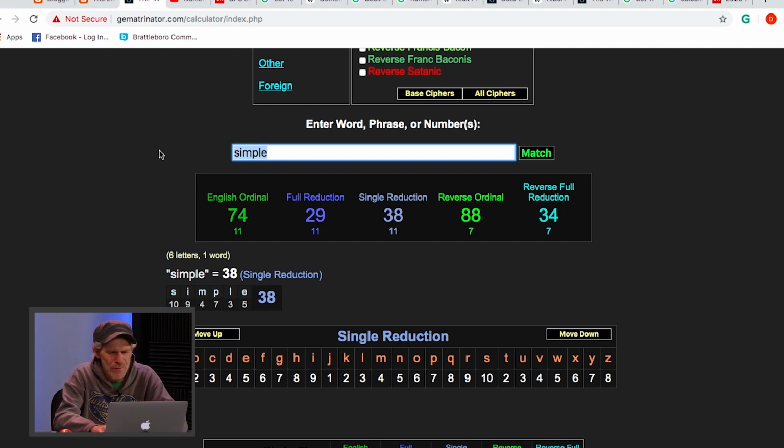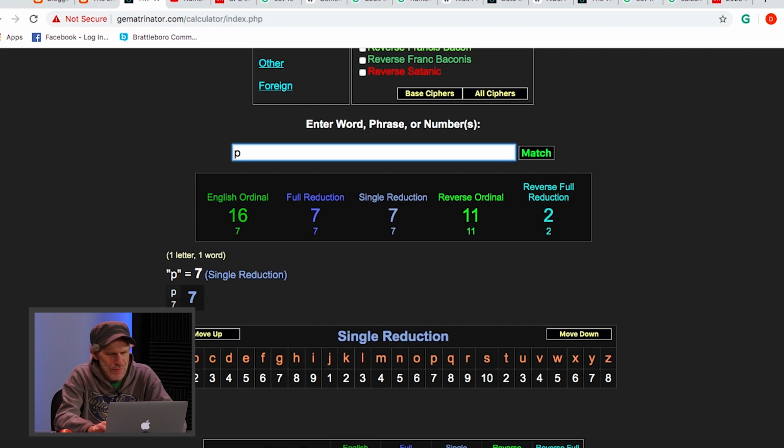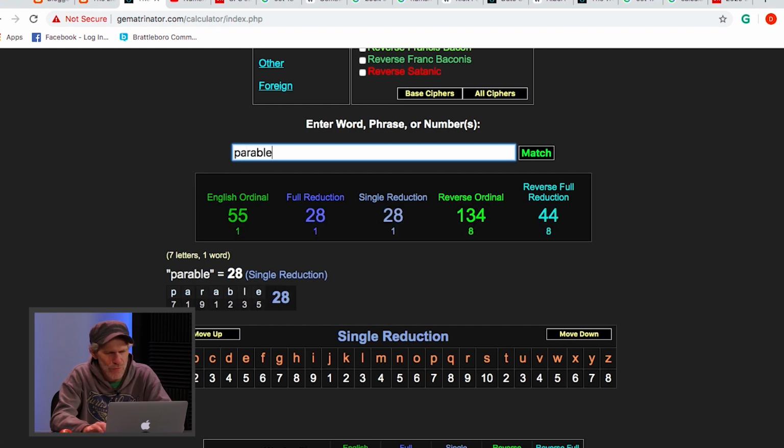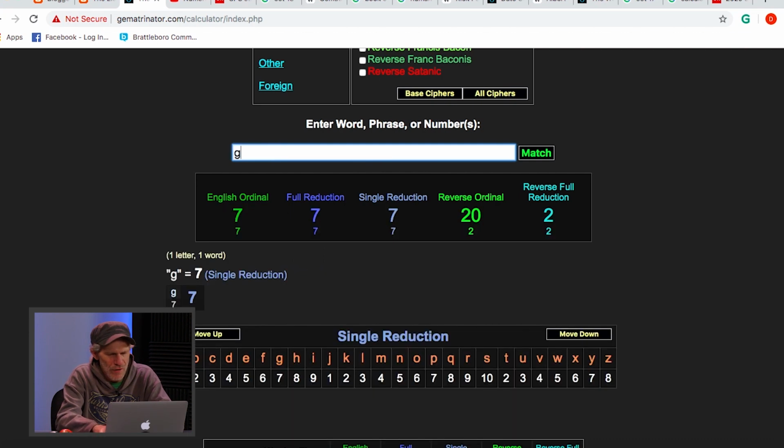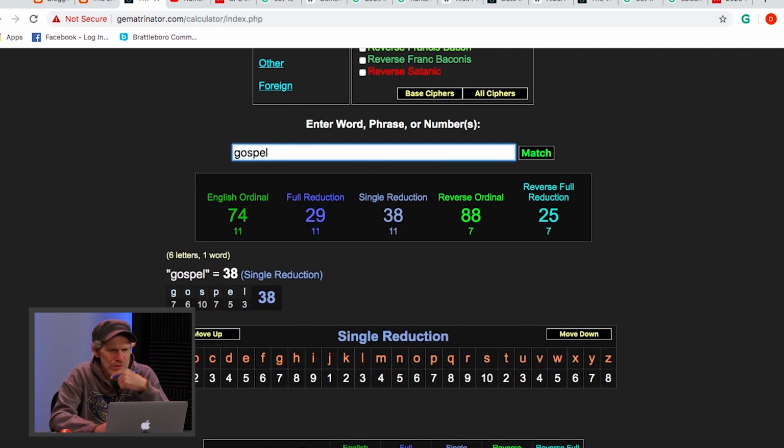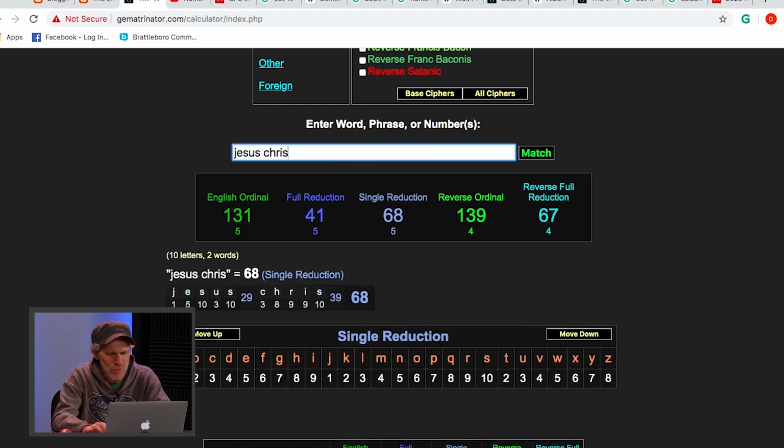74, big number. Jesus on the cross, 74. Look at this. Jesus, he was on the cross, 74. He spoke in parables, 74. From the gospel, 74. In fact, his full name, the name they gave him, Jesus Christ, 74.